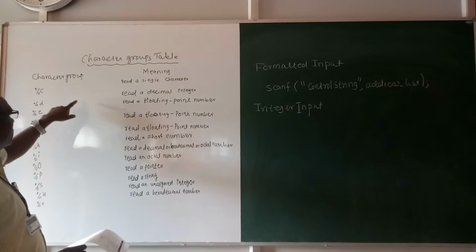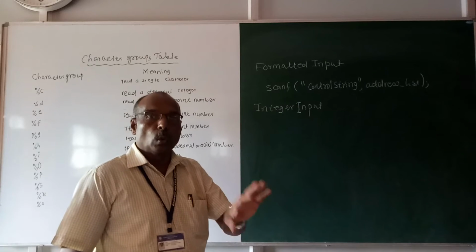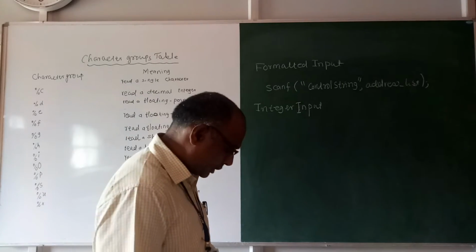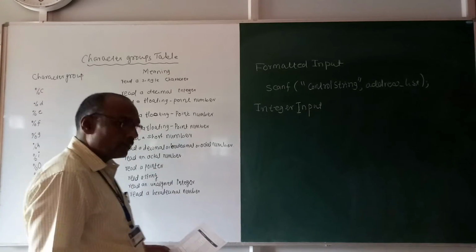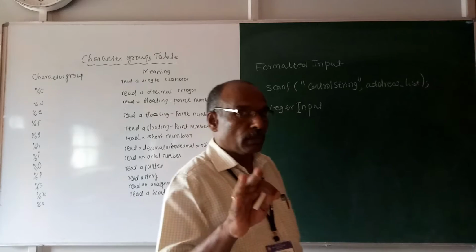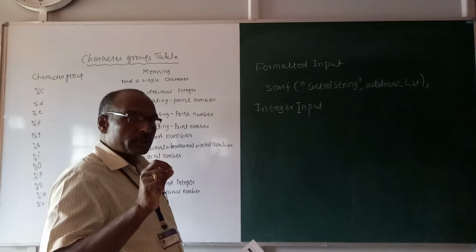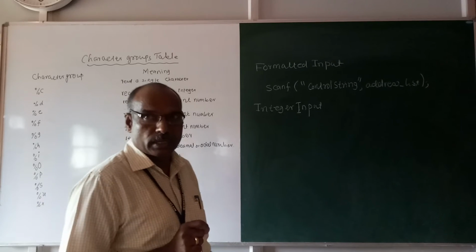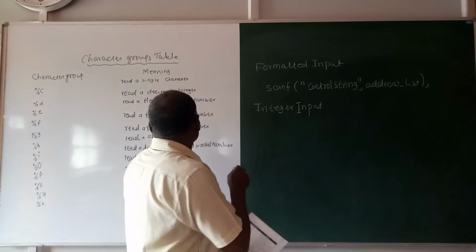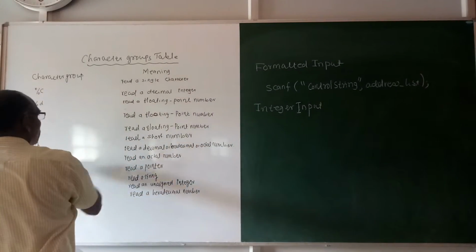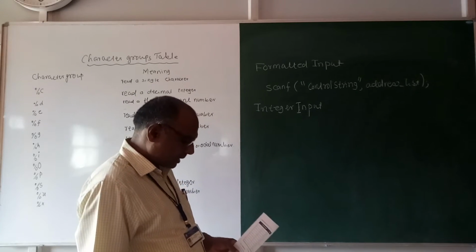It will read a decimal integer, a whole number, an integer. From the character group table, they will not give you the table, you have to remember it. A C program writer has to remember these character groups and their meaning. Okay, let us go for one example.